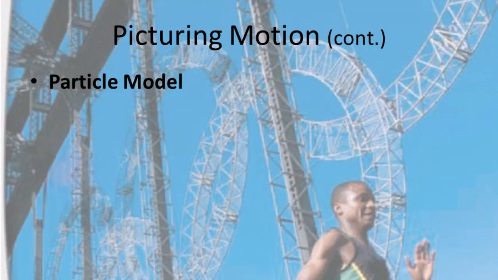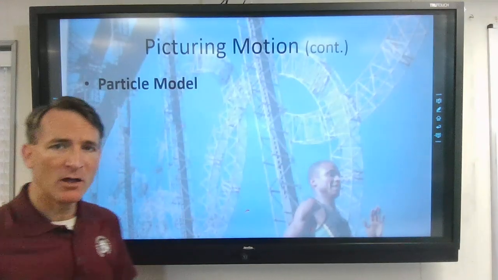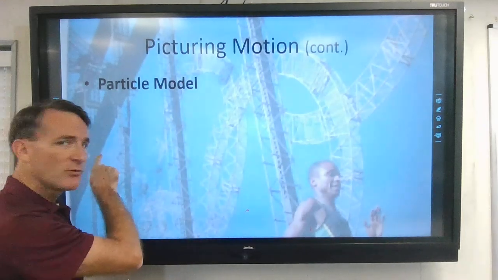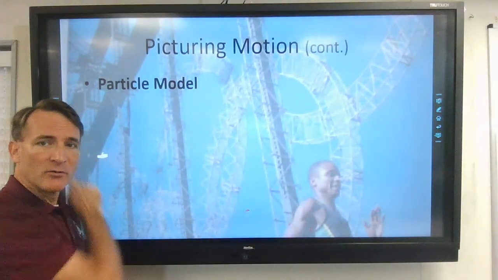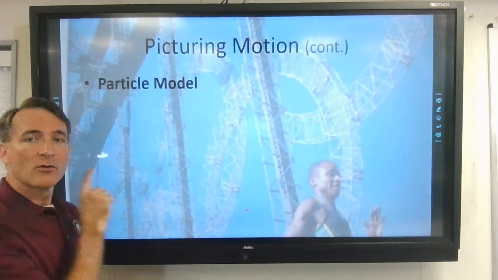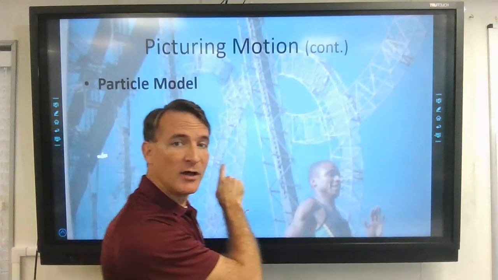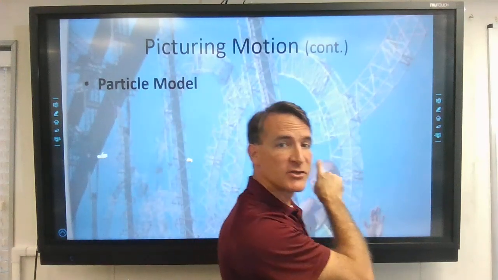So that brings us to a simpler rendition of a motion diagram, and that's called the particle model. I'm going to demonstrate the particle model. Let's say my starting point is right here on the screen, right where that white dot is, and I start walking. And every step I take, I'm going to put another dot on my screen.